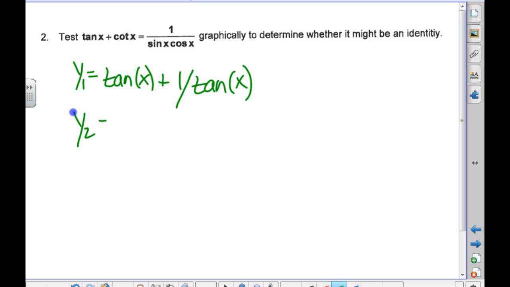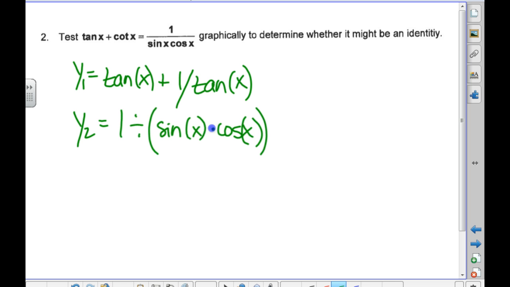And then in y sub 2, we're going to graph 1 divided by, and just to make it clear, I'll put it in parentheses, sine of x times cosine of x. And see if it's an identity, yes or no.